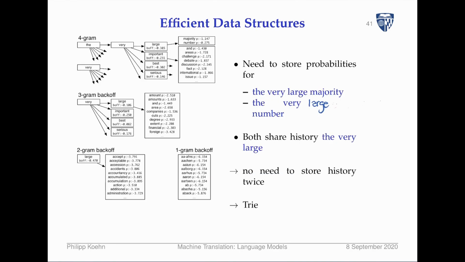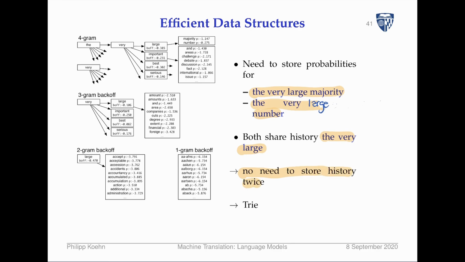Another way to save memory is efficient data structures. This should be dear to the heart of every computer scientist. Consider that you might have to store probabilities for "the very large majority" and "the very large number". Both share the history "the very large", so there's really no need to store the history twice.